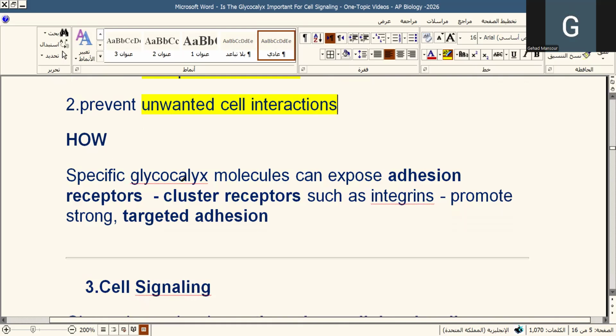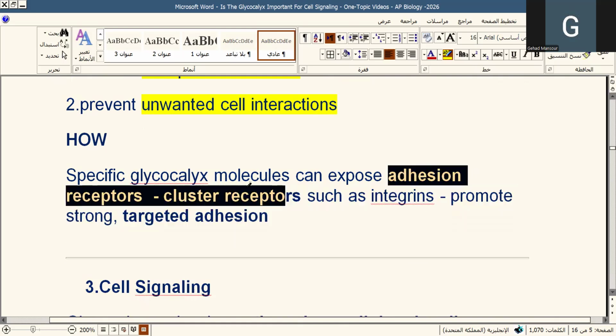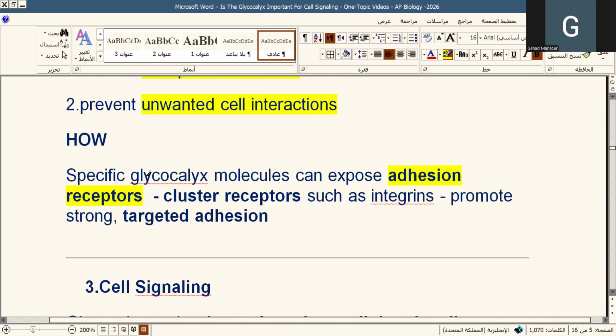The glycocalyx molecules can expose certain receptors, meaning that when you have the carbohydrate moiety, it changes the conformation of the protein part and results in the formation of certain domains on the receptors. And these receptors are helpful for specific adhesion with only the wanted molecules.